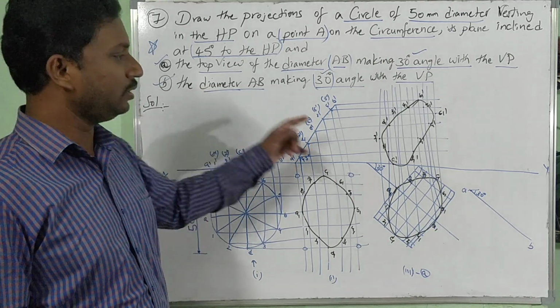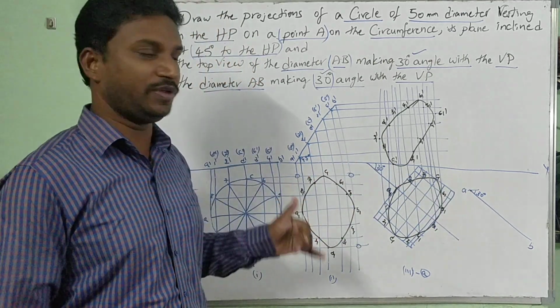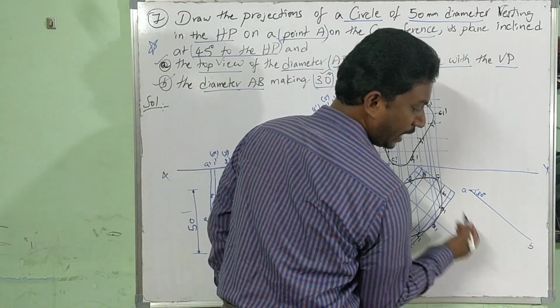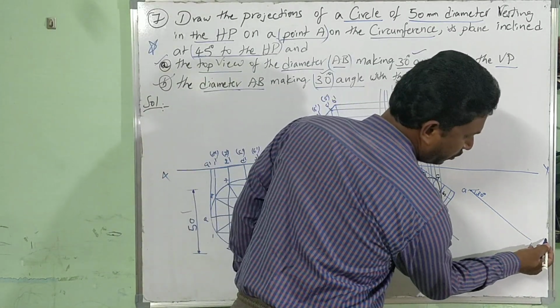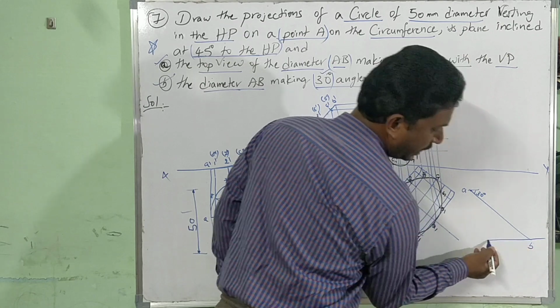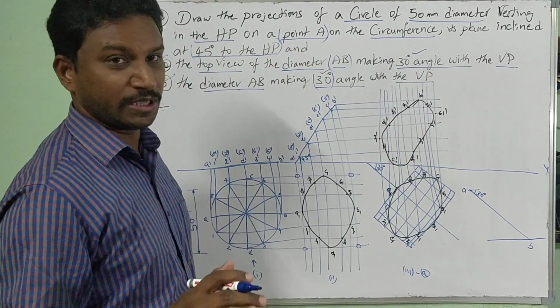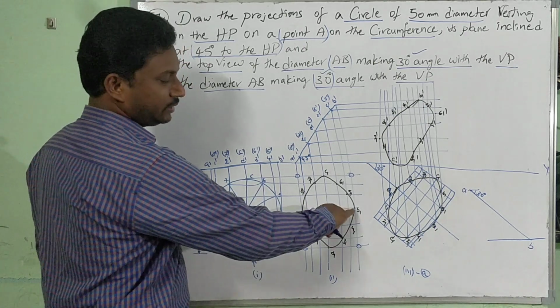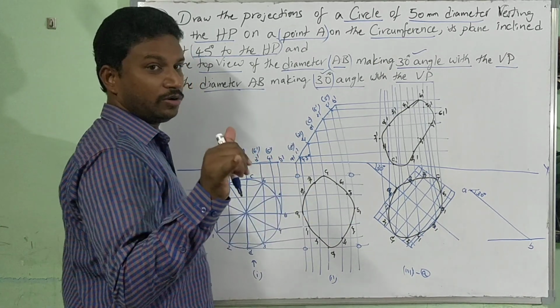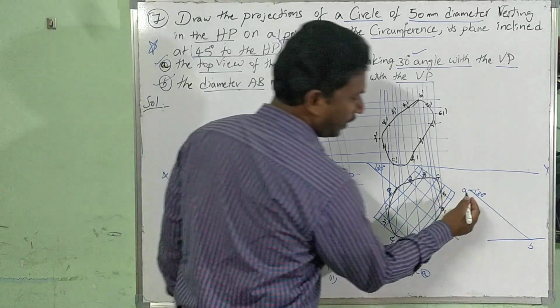True length we have drawn at 30 degrees with a true length of 50 mm. This AB here should be 50 mm. For this, what we are doing is a locus line, shortest length. What is the shortest length? This one, A1B1. Find out the length, measure it with the help of a compass.